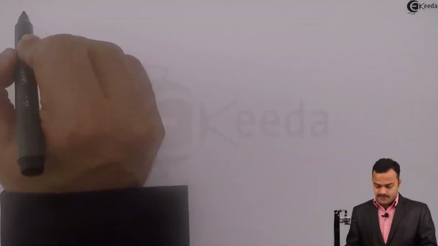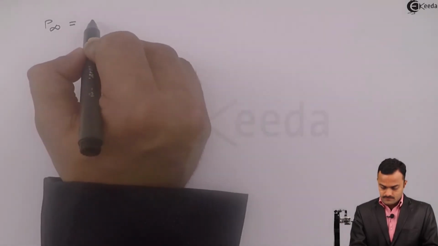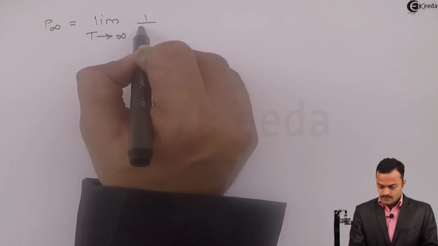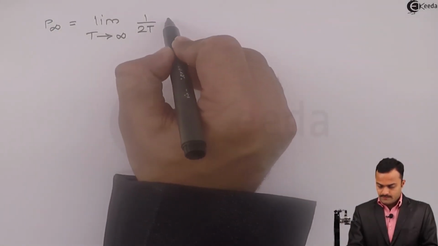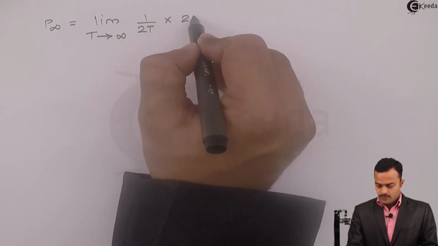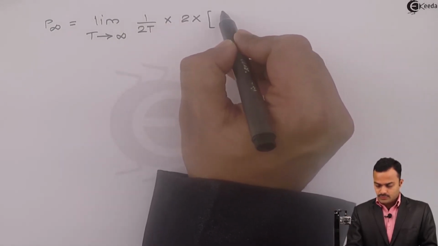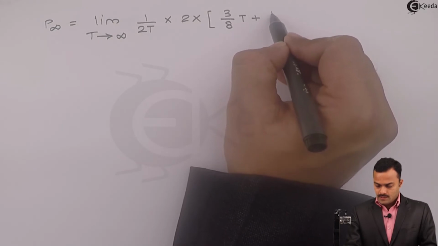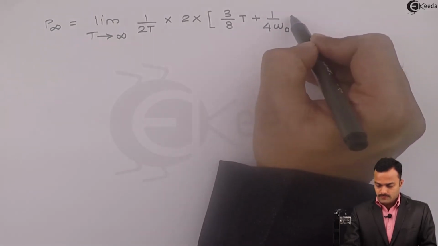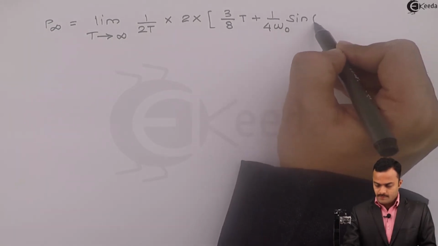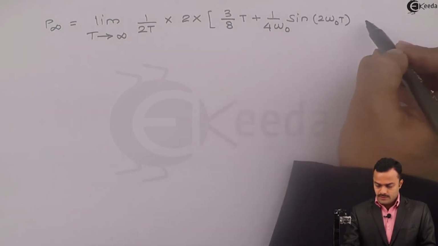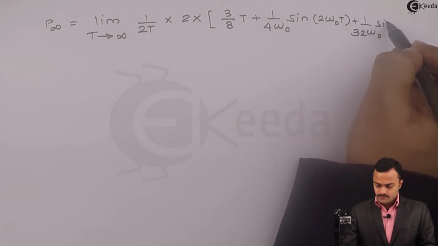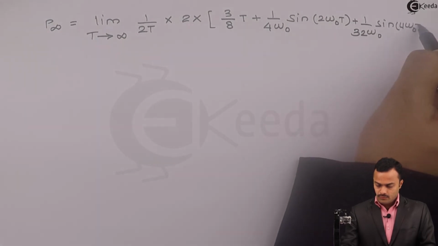So P infinity becomes limit t tend to infinity 1 upon 2t multiplied by 2 times the bracket. So it's 2 times 3 by 8 into capital T plus 1 by 4 omega 0 into sine 2 omega 0 t plus 1 by 32 omega 0 sine 4 omega 0 t.